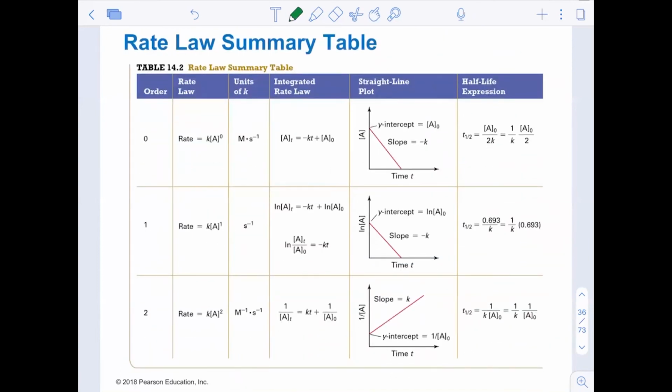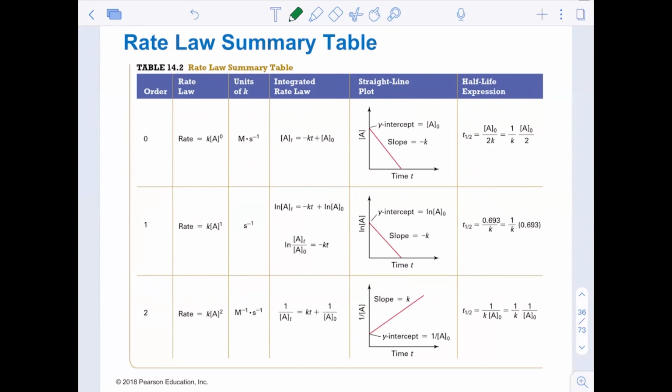Overall rate law summary table. This is a great table just to be able to look at and to start thinking about the integrated rate laws for each of the rate law expressions. You do need to know the integrated rate laws. I try to provide them everywhere I can so that we can start using them and really understanding them.